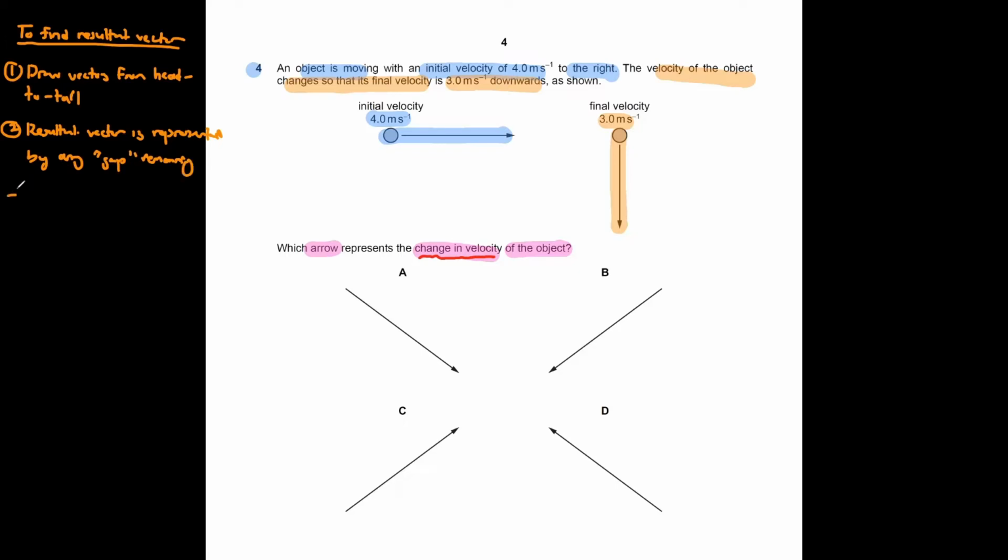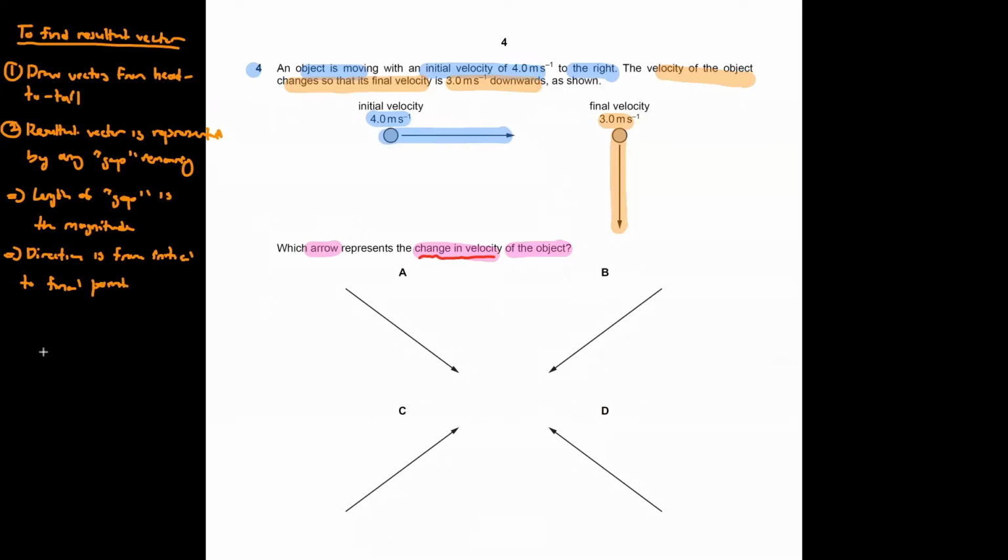Okay, where from there we will say that the length of the gap is the magnitude of your resultant vector, and then after that the direction of your resultant vector is from initial to final point. So let's just apply it to our question here.